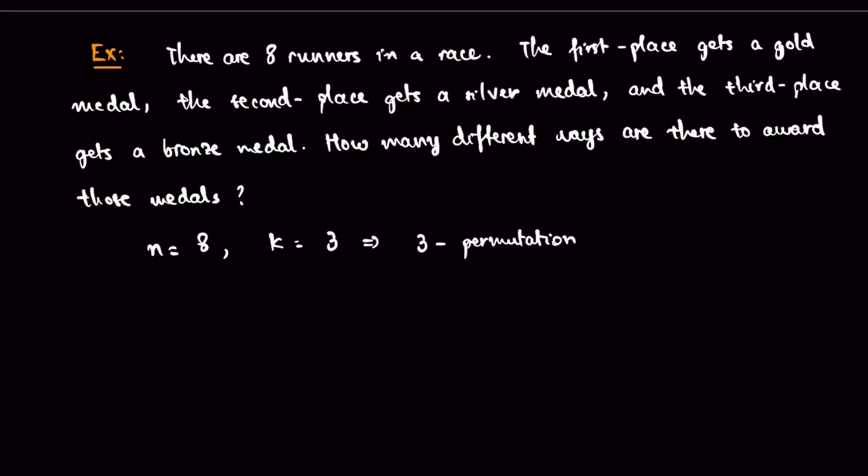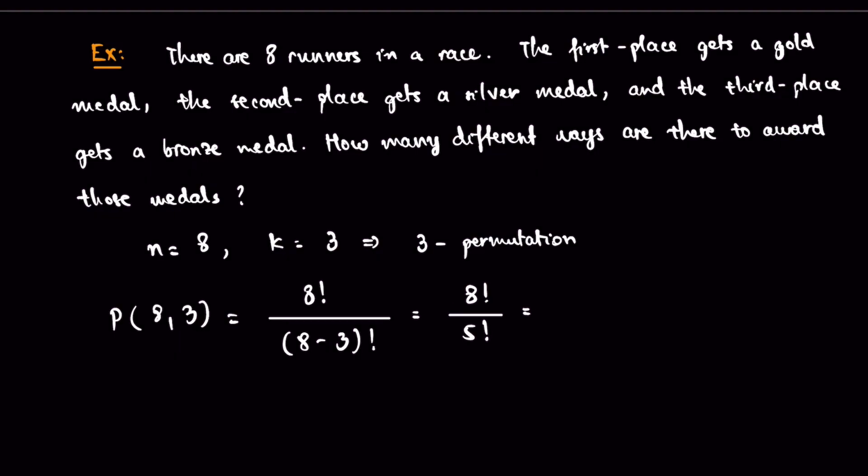So given N equal to 8 and K equal to 3, we can set up P of 8, comma 3 equal to 8 factorial divided by 8 minus 3 factorial, or 8 factorial divided by 5 factorial. And if you use a calculator, you're going to arrive at the answer, and that's going to be 336 ways. So in doing this, we conclude that there are 336 different ways to award those medals.